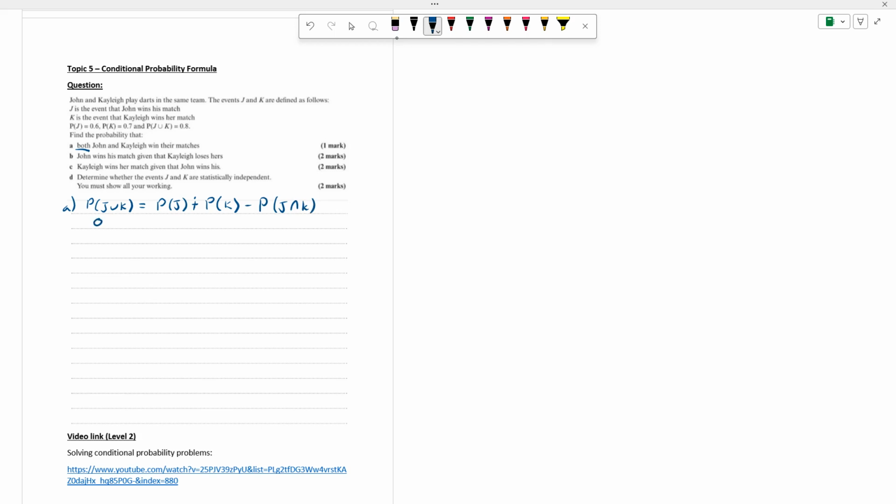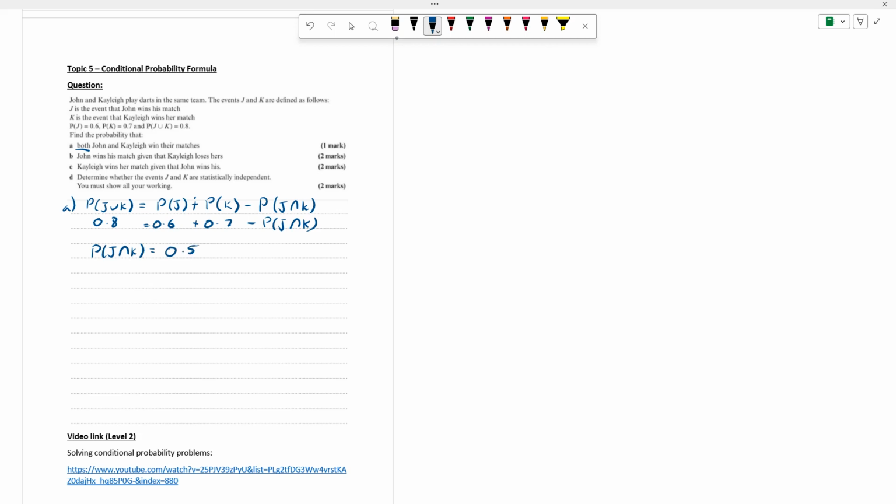So the union is 0.8, J is 0.6, K is 0.7, and I don't know this, so I'm going to rearrange it. So I can work it out now from here. Again, we're in applied, so I'm not getting marked on my algebra skills here. I can just do it. So I've got this side, 0.6 plus 0.7, that's going to give me 1.3. I'm going to take away 0.8, that gives me 0.5.